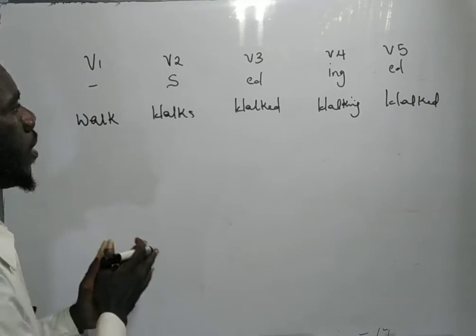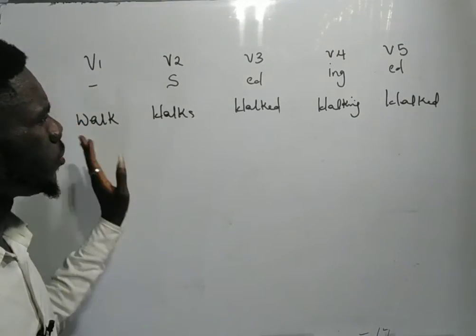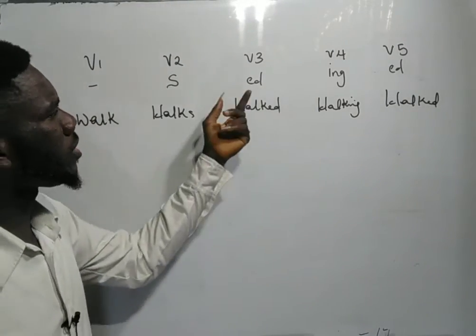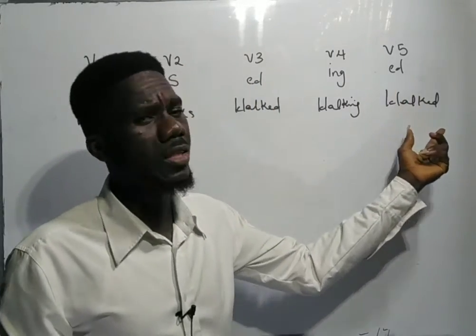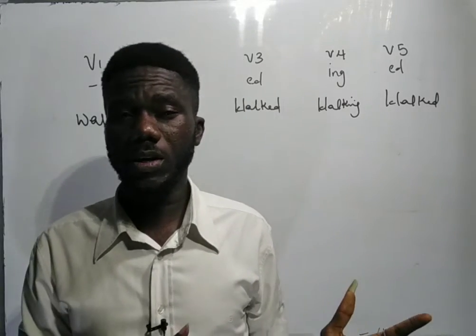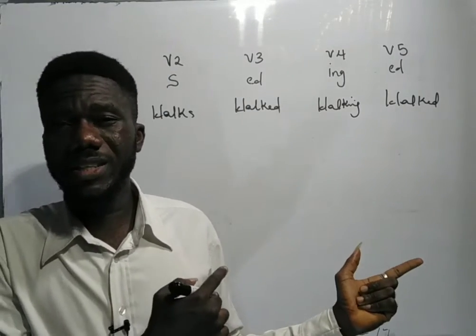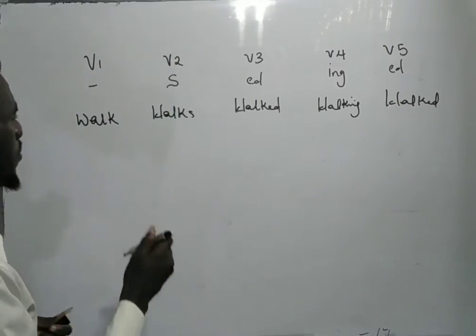Okay, now you have a verb this way, the rules guiding them. Where it is supposed to take ed, you find out that this one takes ed. Here it also takes ed. There are verbs that will not obey these rules. There are verbs that would not take these things that are meant for them to be taken. Take for instance, you have something like come.